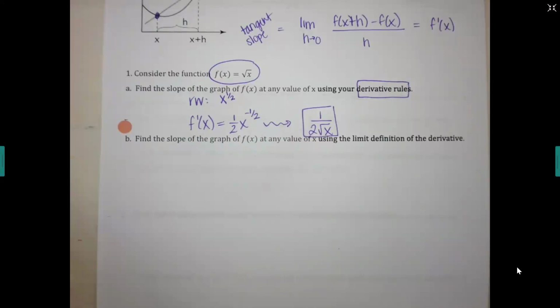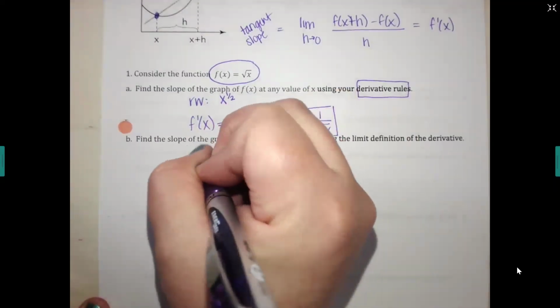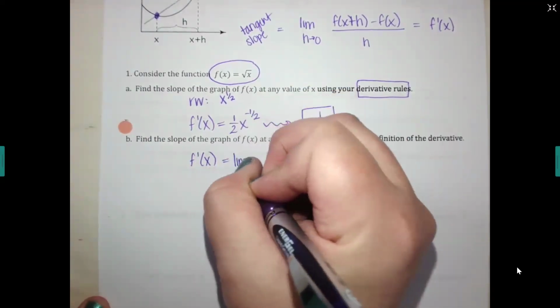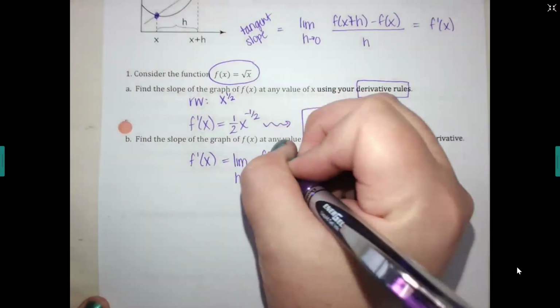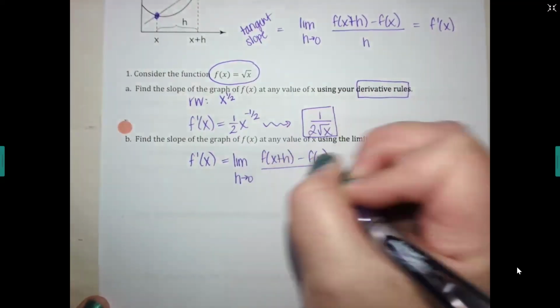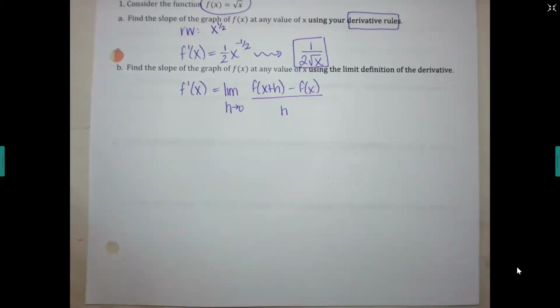All right, now we're gonna do it the limit way. So I want you to write f prime of x equals limit as h approaches 0 of f of x plus h minus f of x over h. Okay, and then remember, this is now taking the derivative using the limit definition.